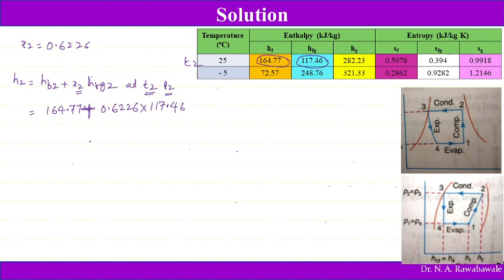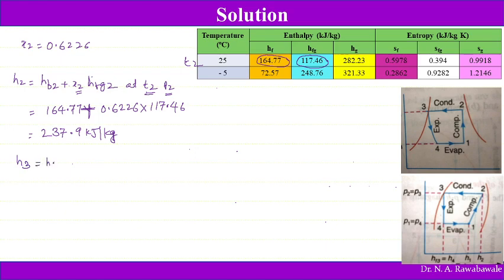So this data is given based on the temperature. Now we can calculate this as 0.6226 into 117.46 plus 164.77. So this is going to be 237.9 kilojoules per kg.